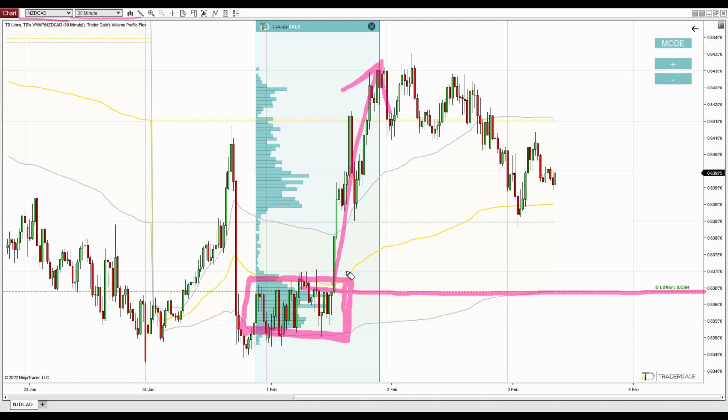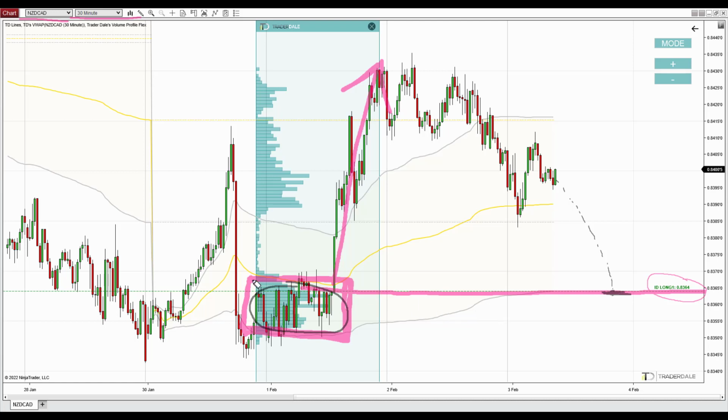So this is where the heavy volume zone begins. It is at 0.8364, and when the price makes it back at some point in the future to that level, and it doesn't need to be today or tomorrow, it can be next week or the week afterwards, it doesn't really matter, but when there's a pullback to that level in the future, then those buyers from this place are likely to defend this zone because it's important for them.